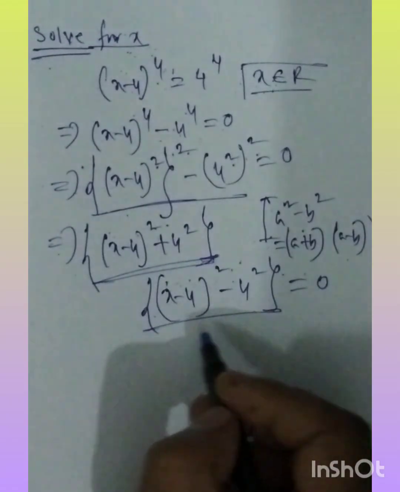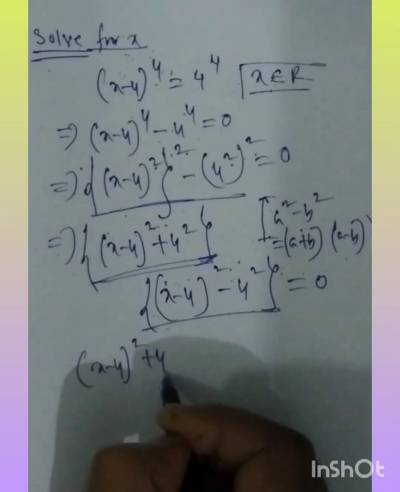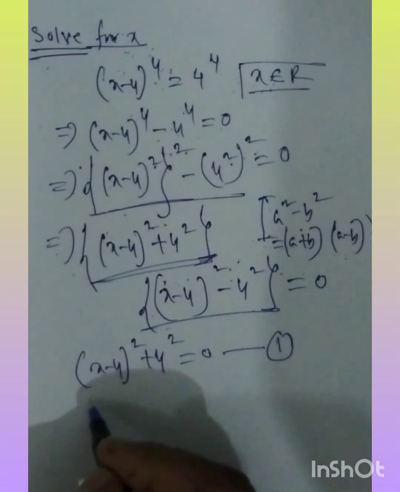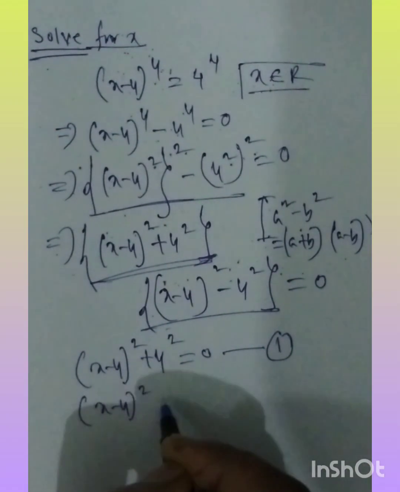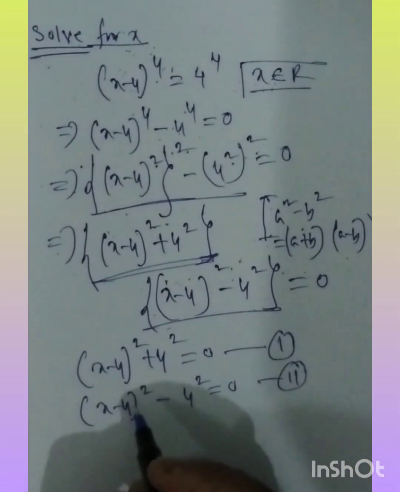This may be written as (x − 4)² + 4² is equal to 0, equation number 1, and (x − 4)² − 4² is equal to 0, equation number 2.